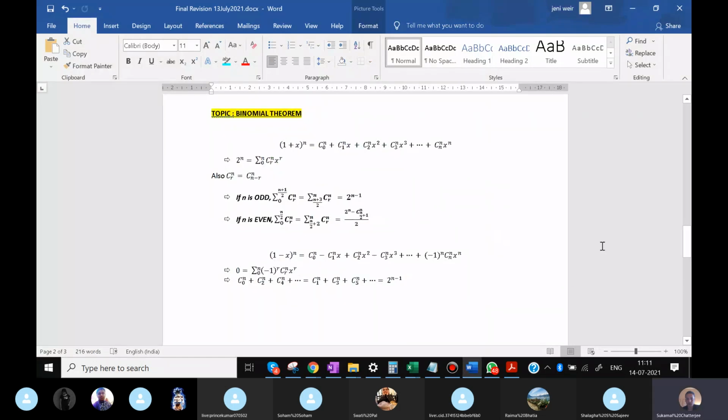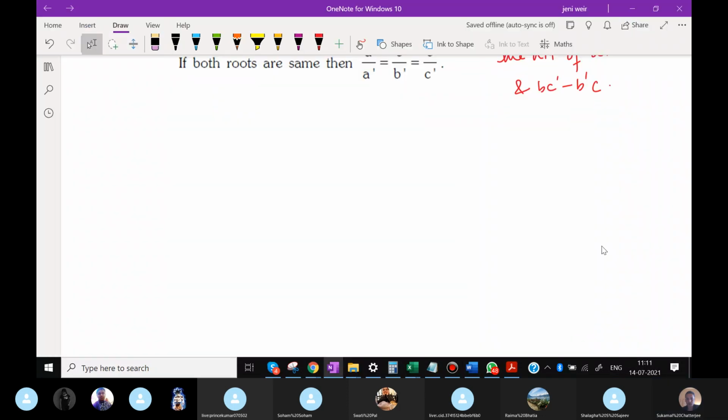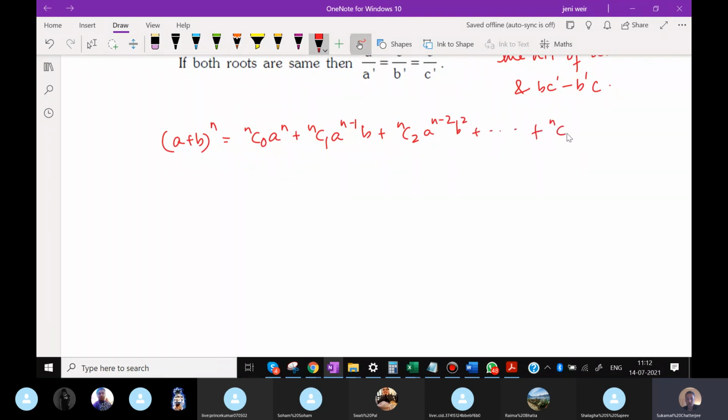Okay. Now we move to concepts on binomial theorem. You know that (A plus B) to the power n equals nC0 into A to the power n plus nC1 into A to the power n minus 1 B plus nC2 A to the power n minus 2 B square, all the way up to nCn B to the power n.